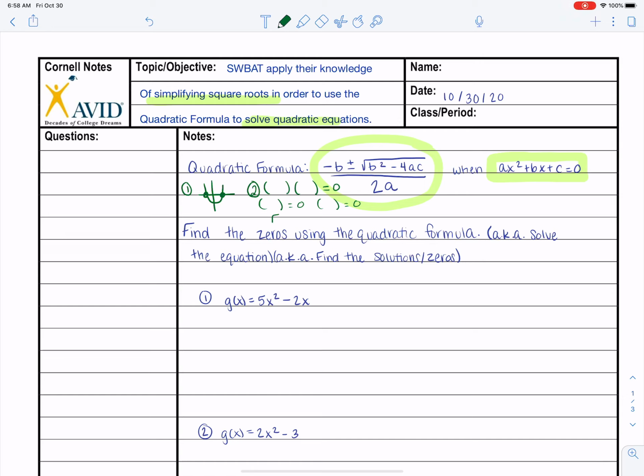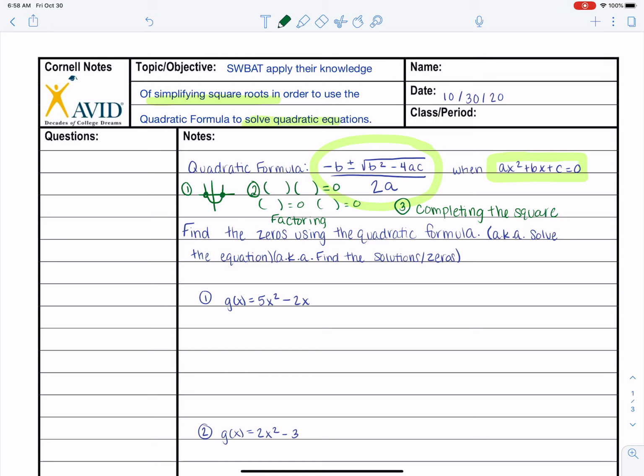So we can solve by factoring. Or the last method we learned was we can solve by completing the square. So all three of those are ways to solve a quadratic equation.